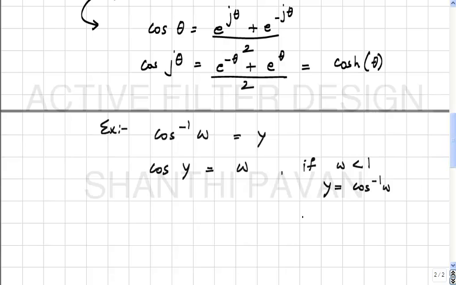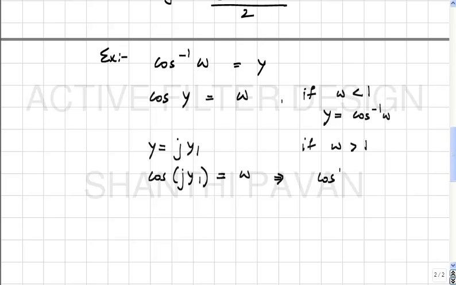If omega is greater than 1, then what do we say? y must be of the form jy1, right? And cos of jy1 must be equal to omega, which is greater than 1. And what is cos of jy1?